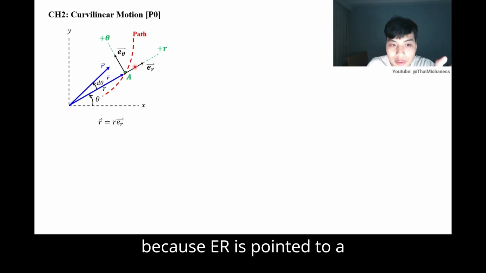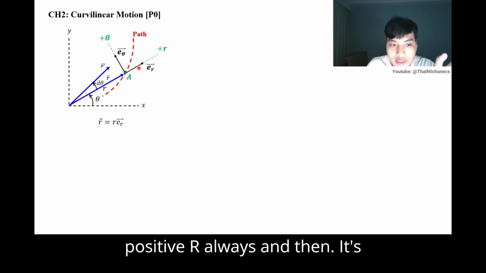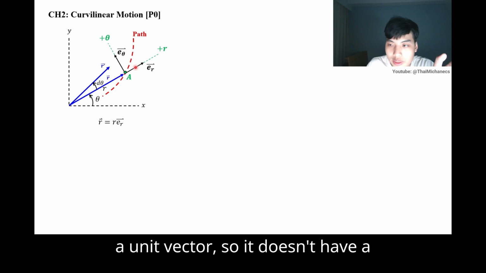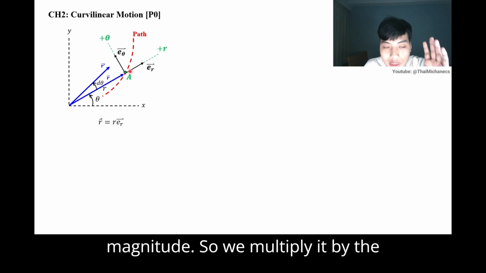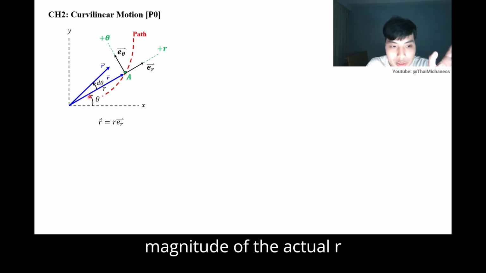This is true because e_r always points toward positive r, and it's a unit vector, so it doesn't have a magnitude. So we multiply it by the magnitude of the actual r: small r times the unit vector e_r.